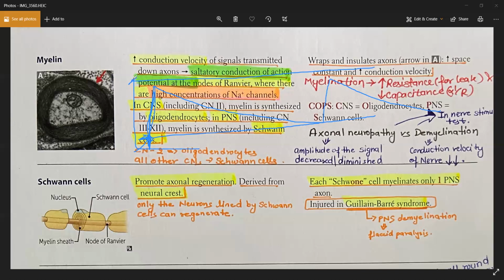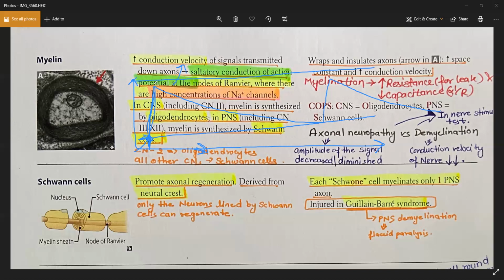This represents the charge and this represents the distance: distance on the x-axis and charge on the y-axis. Now, because this charge can easily leak out from the membrane of the axons, that's why you have myelin in the first place, because this charge will be exiting out of these membranes.